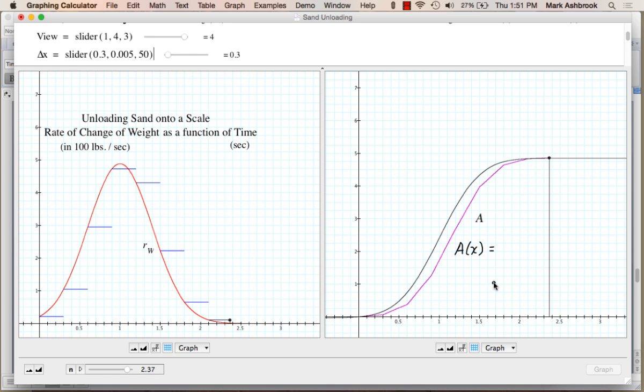It had other functions involved in it. But really, what did it all boil down to? This A of x function, the approximate accumulation function. So the details are important, but it only is important if we know what the big picture of it is.